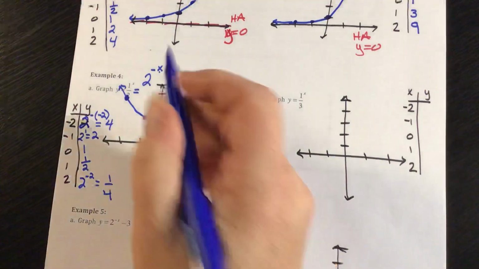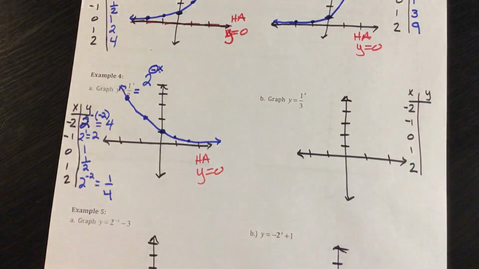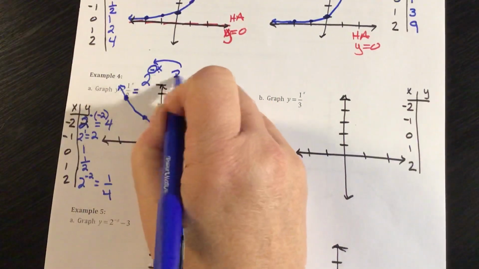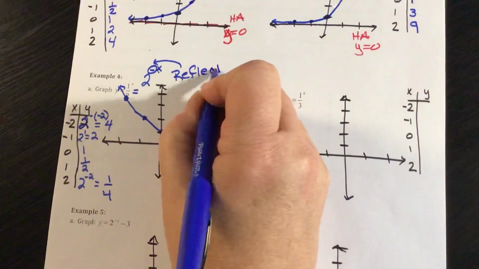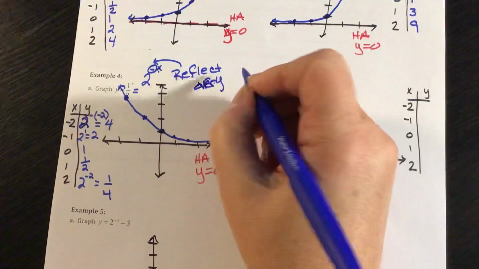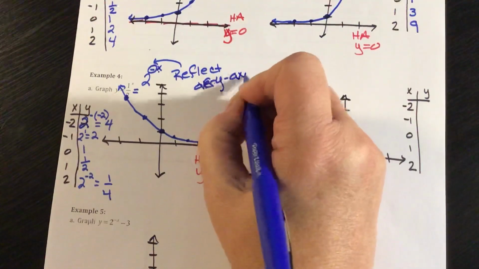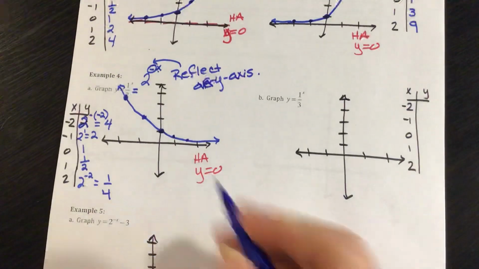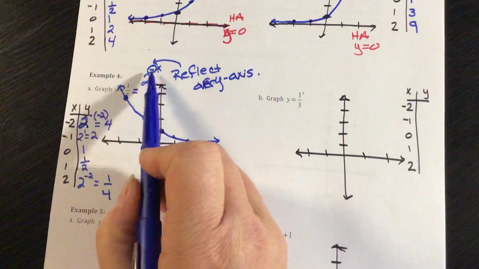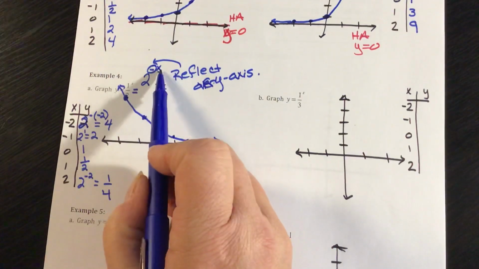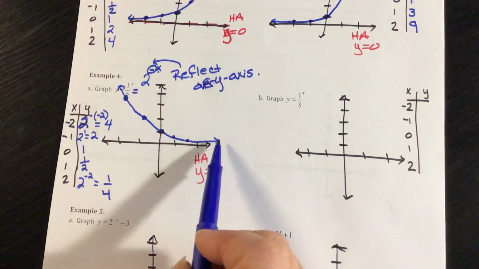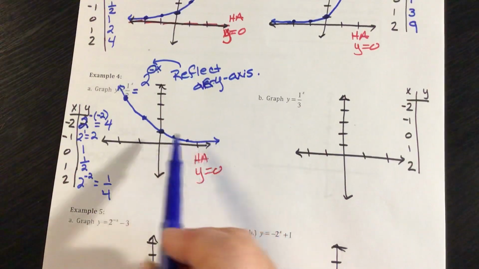But even more importantly, what happened here is because of that negative, I had a reflection over the y-axis. So if I have the negative in the exponent with x, I'm going to reflect this over the y-axis.